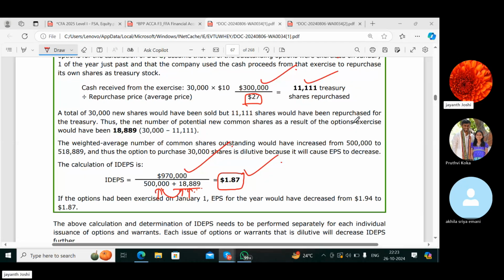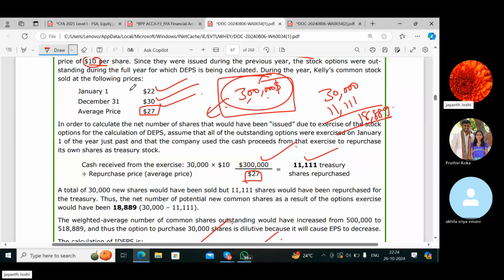See, if someone has to purchase from you, you will be quoting the market price to them or not. But here it's the average price, it's not the market price. Who told you that is the market price? I didn't say the price at the beginning was this, at the end of the year was this. Did they mention when they purchased during the year? No. They didn't tell you. Then you will take the average price.